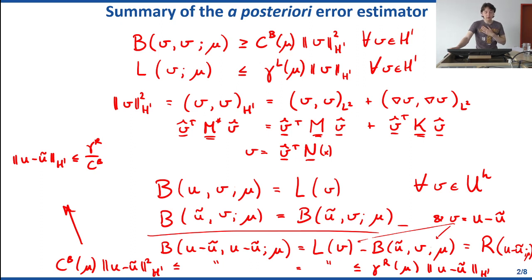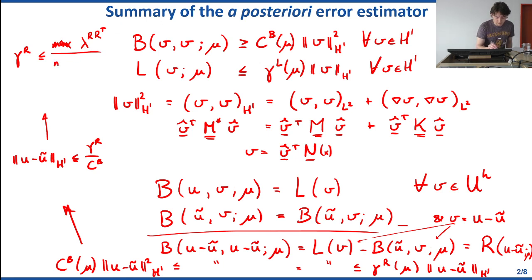And what we found, so I'm going up my slide now, is that an expression that we proposed in the last lecture for gamma r is that it is bound from above by the maximum eigenvalue of the matrix RT divided by the minimum eigenvalue of the mass matrix.